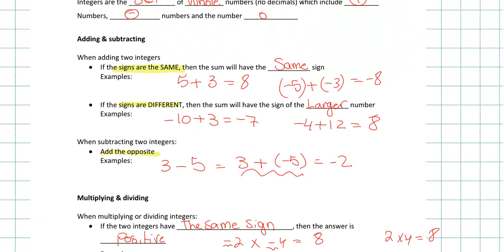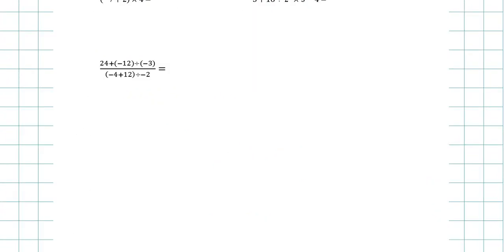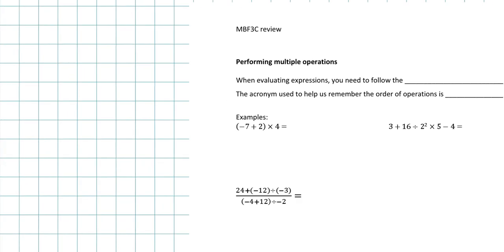All right. So, when we are performing multiple operations, we have to follow the BEDMAS rule. As we have discussed a little bit earlier, we go brackets, exponent, division, multiplication, addition, subtraction. Now you have to remember that with division and multiplication, it's in the order they appear.